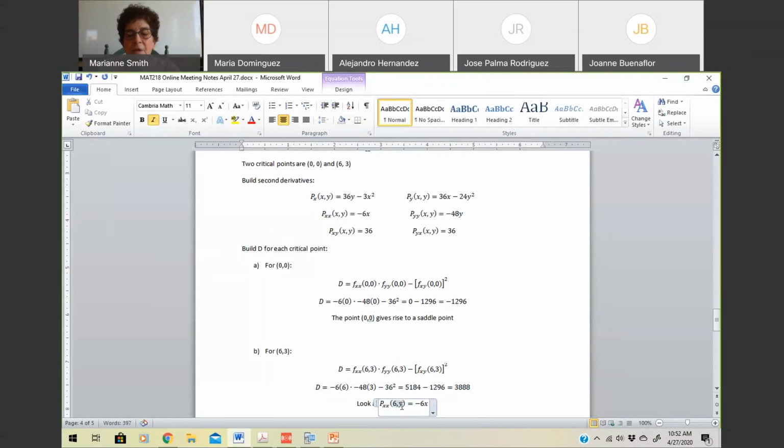You can see there's no place to plug in the y value, but I can plug in the 6 for x. That gives me negative 36. So since the second derivative is negative, that means concave down. So 6, 3 gives rise to a maximum.